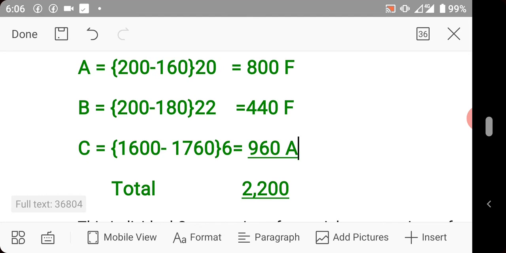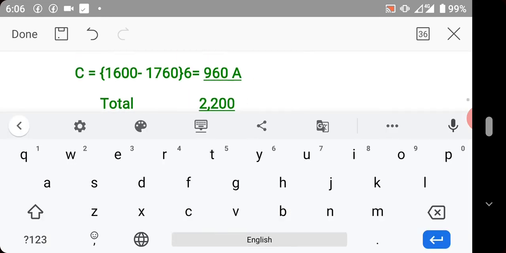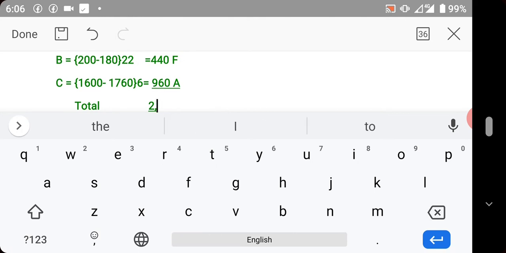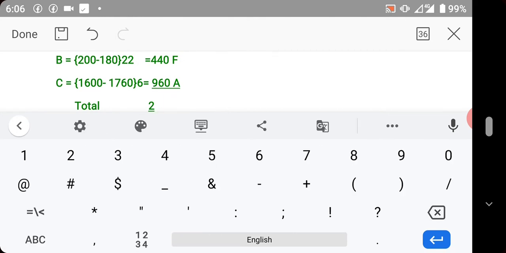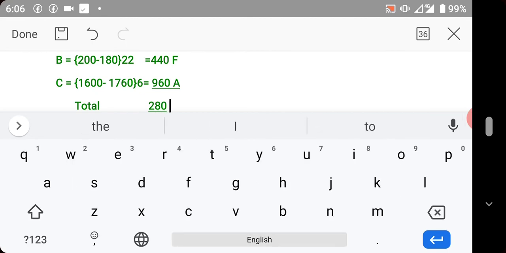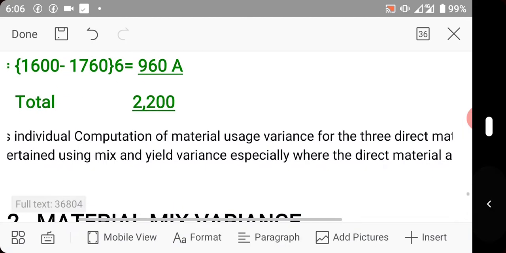That will give you 1240. 1240 minus 960 will now give you 280. And this 280 will be favorable. So we have 280 and it's favorable. So that's the total.